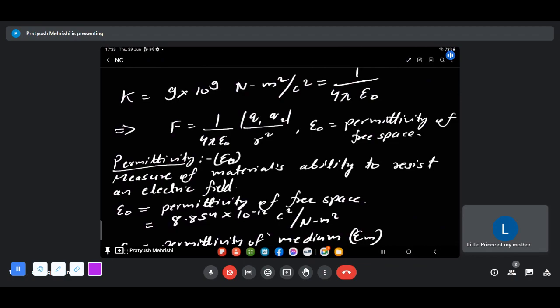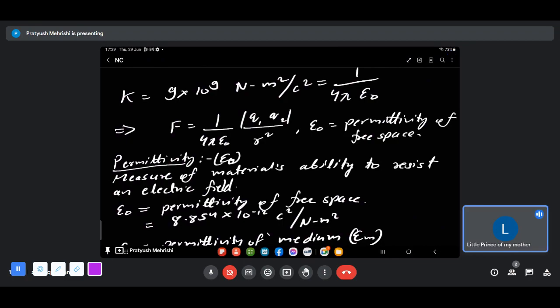It means how much permission the material is giving to the electric field to exist inside its own body. Experimentally, epsilon naught is found to be 8.85 into 10 to the power minus 12 coulomb square per Newton meter square.